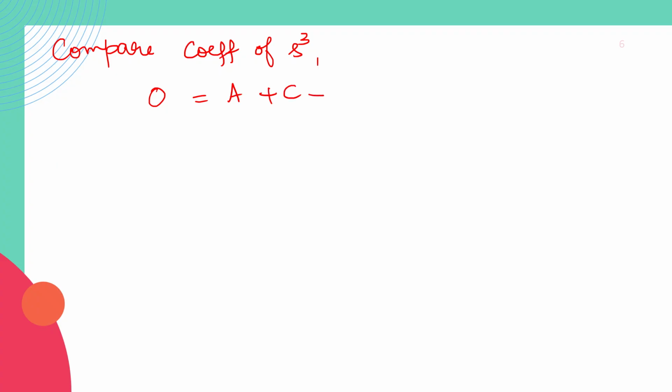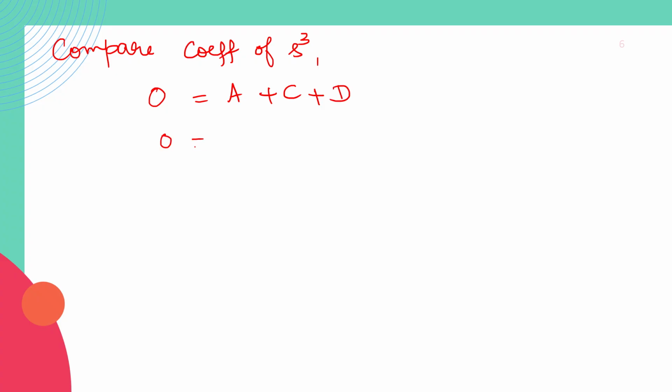So now let me compare the coefficient of the s cube term. As discussed earlier, on the left side there won't be an s cube term, and the coefficient of s cube in the first term will be a, in the second term it is c, and in the third term it will be d.